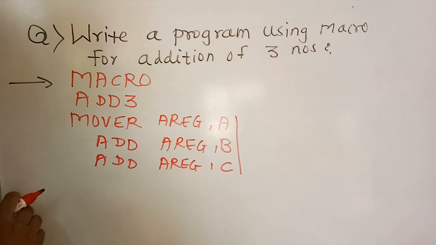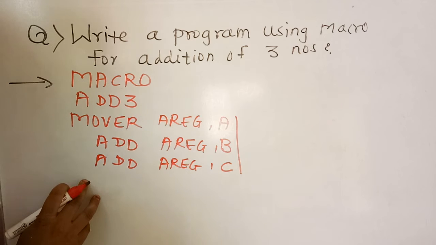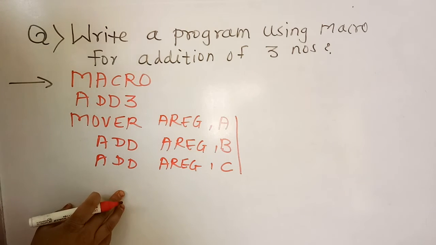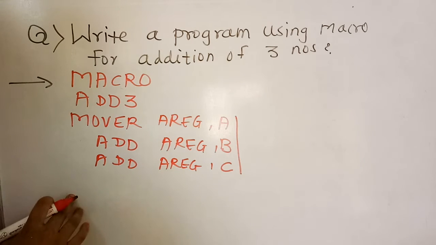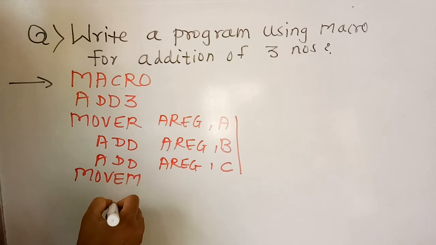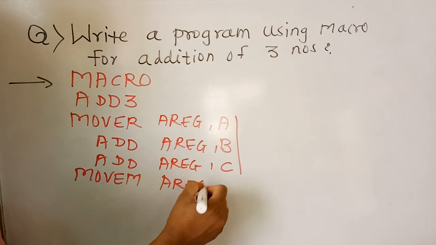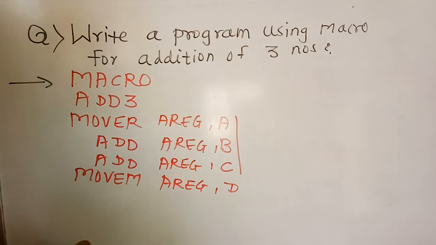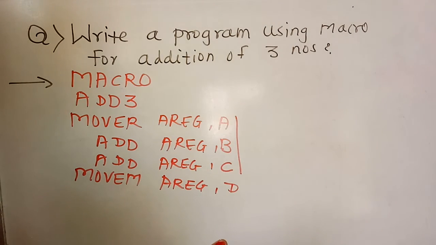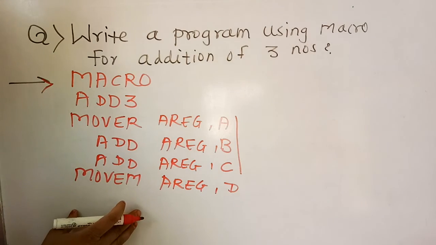Now for that, we will take another variable, that is D, for displaying the value of the variable, and we know that for moving into the variable we have to use the memory and the sum value will be moved into D. We will accept these values in the later sections, but here we are completing the macro function and its ending.